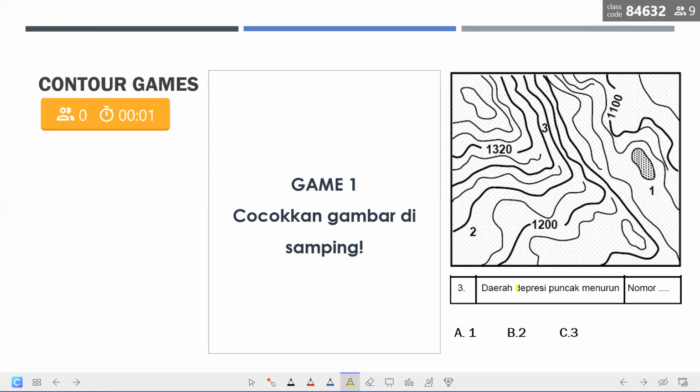I think once you get the other two right or wrong, you can kind of guess which is the depression point. Depression point, is it number 1, number 2, or number 3? The depression area.